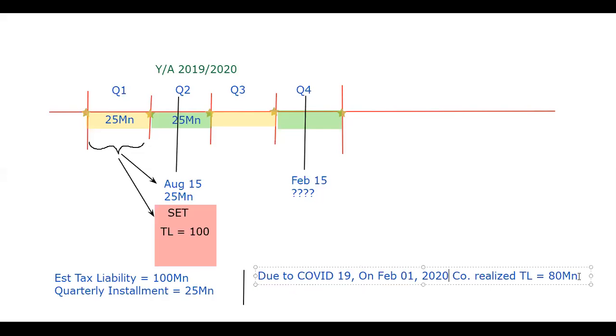Let's say this is February, they realize, and in March they don't even have sales, no turnover. So can anyone tell me what the quarterly installment is now, and how to compute it?